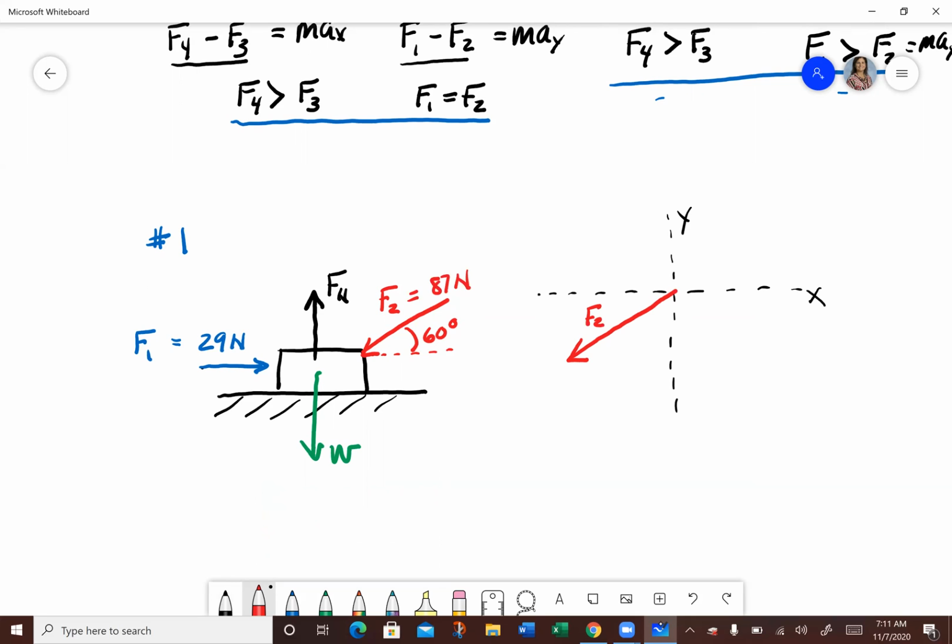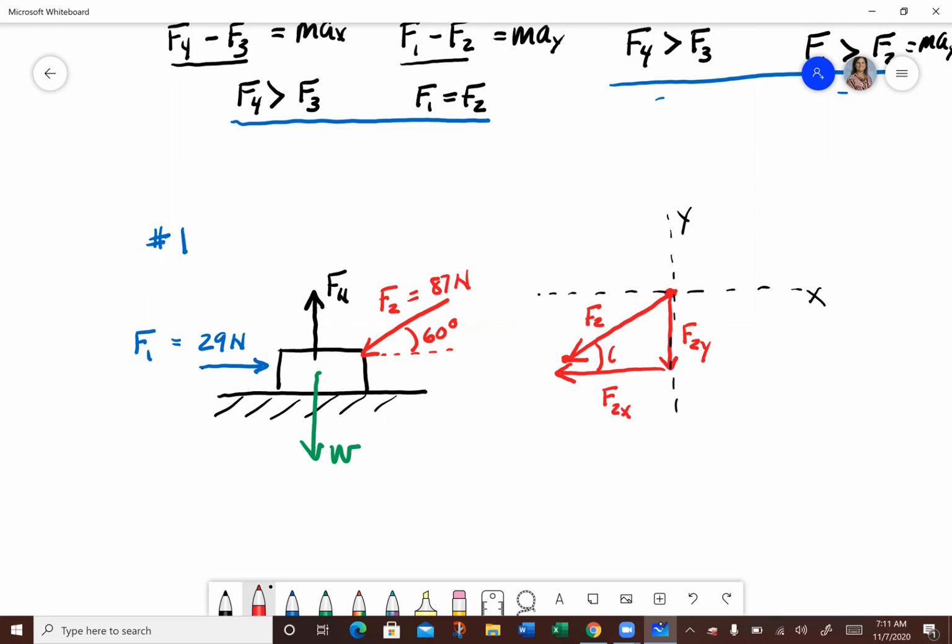And I'm going to say I have to go from here to here, but I'm only allowed to walk in the X and Y directions. That means I would go down first and then across like that. This would be F2Y. This is going to be F2X.